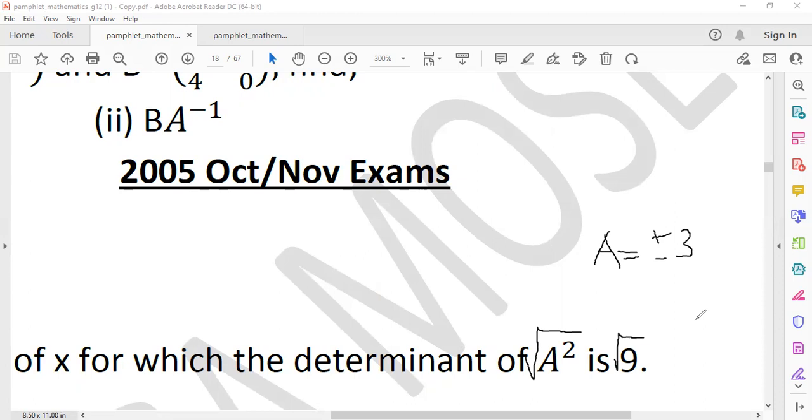The determinant of a squared is 9, and the square root of that is just positive or negative 3. So you can work your way around two methods. There's the other one that I just showed you, the one that's in the solutions of this paper.